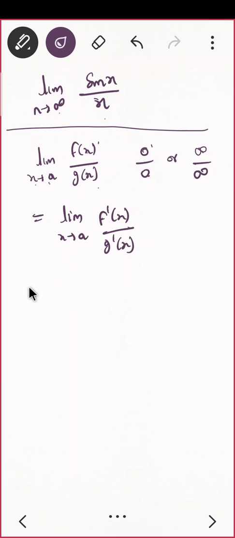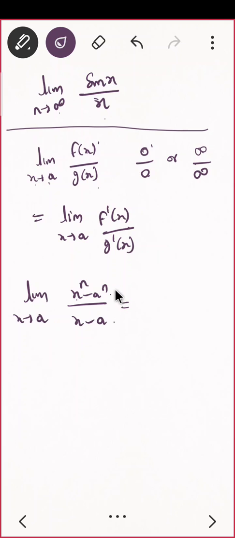If I gave you the limit as x tends to a of x raised to n minus a raised to n upon x minus a. Do you see? If I put a here in the numerator, it is giving me 0. If I put a here in the denominator, it is also giving me 0. So it is 0 by 0 form.